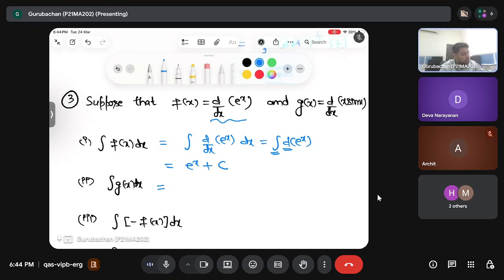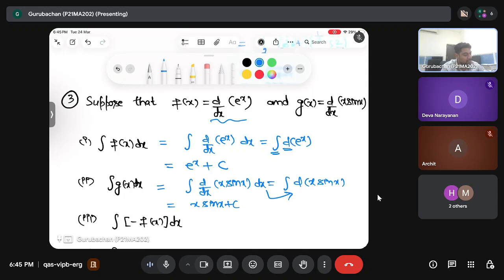In the same way, when you will do d over dx of this x sin x, this will give you d of x sin x, which will be nothing but x sin x plus c.